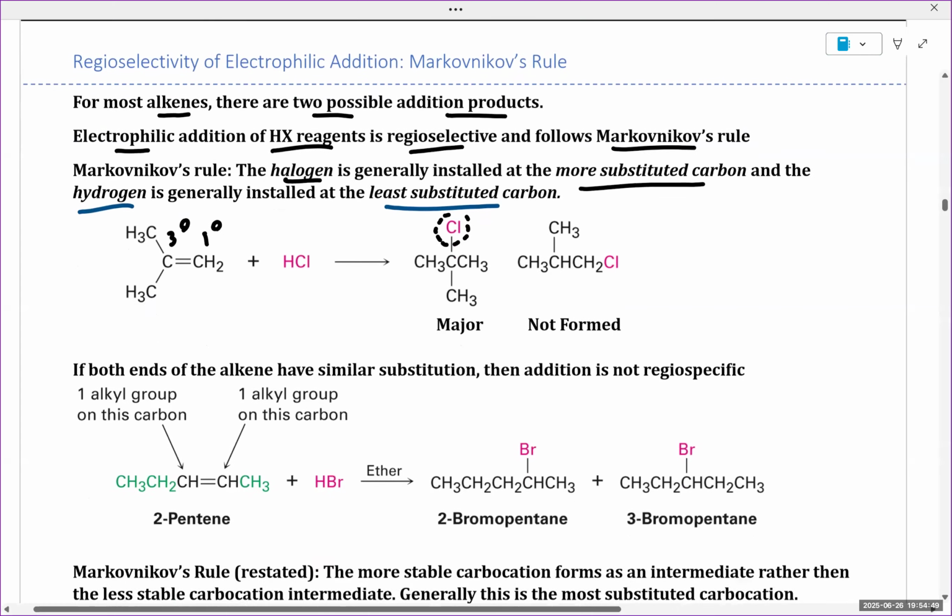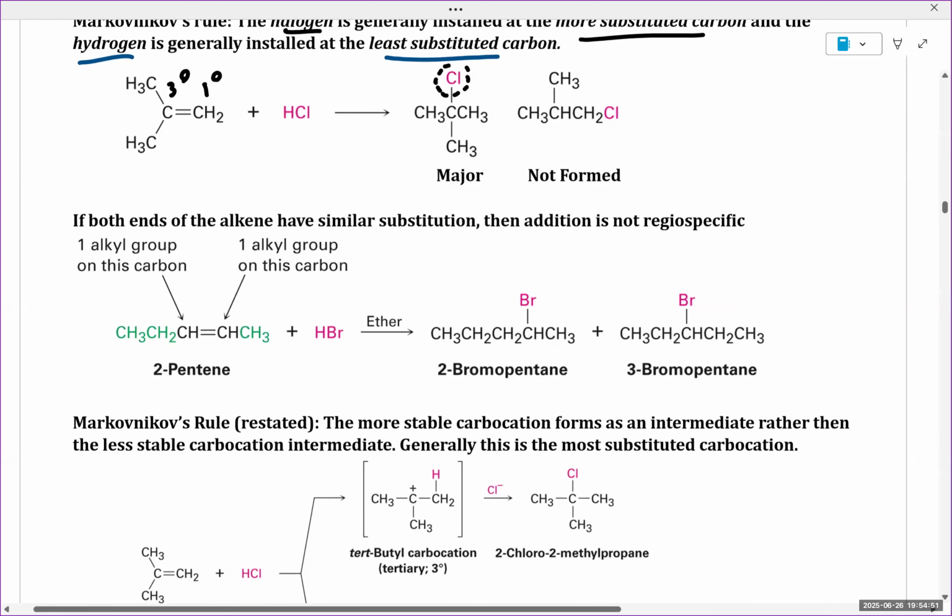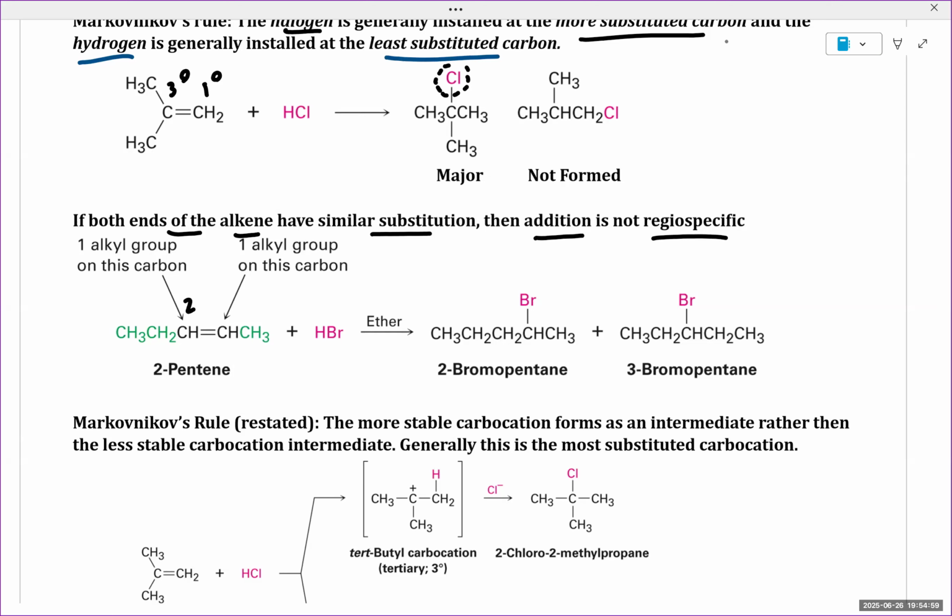Now, you can run into some issues with certain substrates where if both ends of the alkene have similar substitution, then the addition is not regiospecific. For example, if you have a choice between two secondary positions, you'll get a mixture of hydrobromination products.